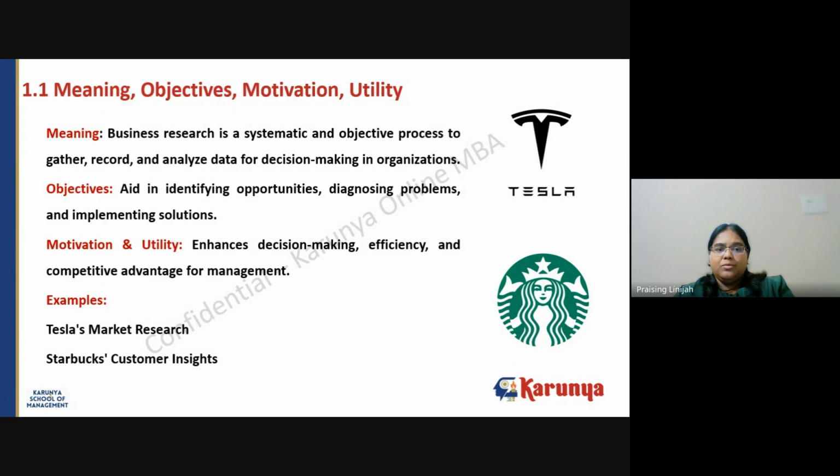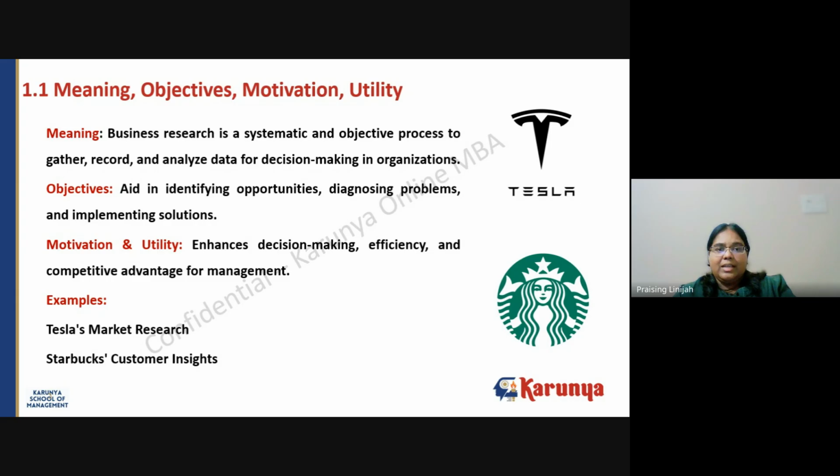Another core objective of any business research should be to implement solutions for existing problems. For example, Dell identified shortfalls in its supply chain, did a research, and then sorted it out to enhance its efficiencies. So, what is the motivational factor that makes businesses go for business research?